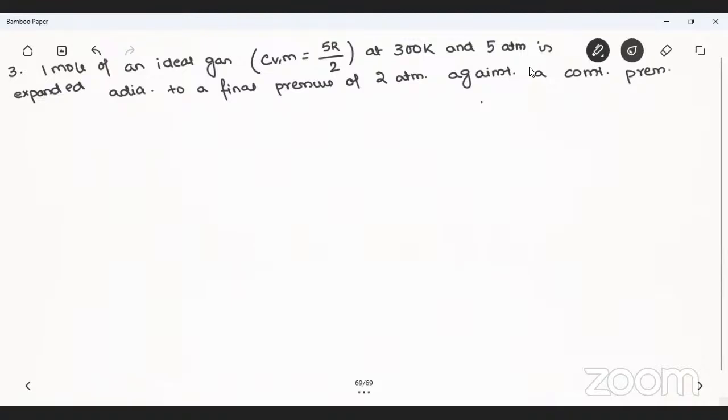See, constant pressure of 2 atm. Find the final temperature.